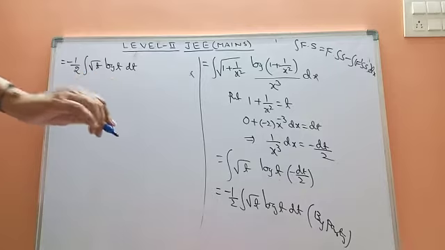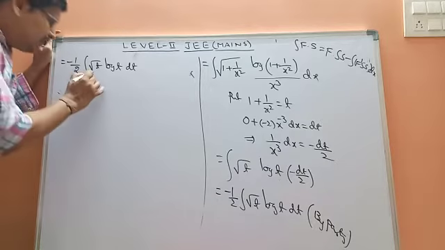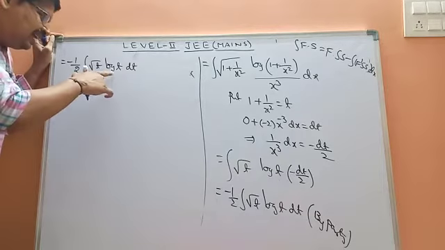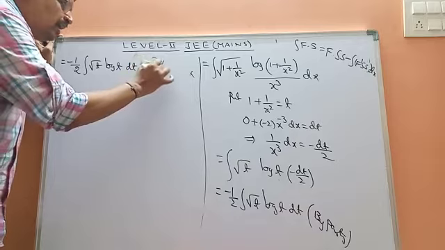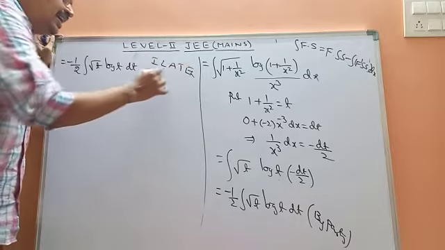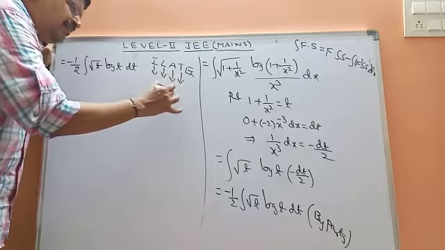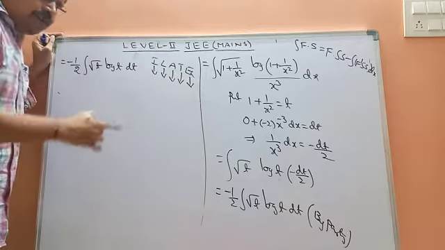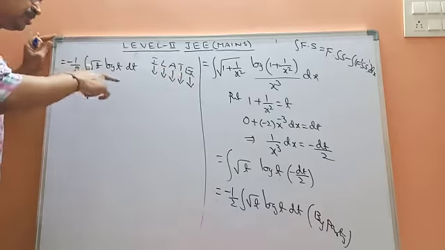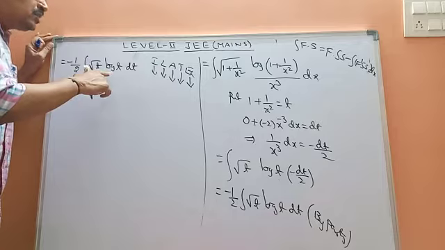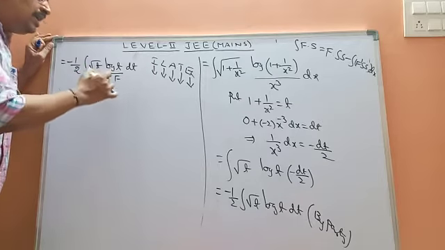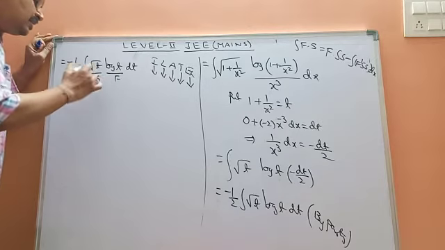Here root t is there, log t is there. You already know ILATE: I for inverse, L for logarithmic, A for algebra, T for trigonometry, E for exponential. According to this order we choose the first and second functions. So log t is the first function, and the algebraic term is the second function.